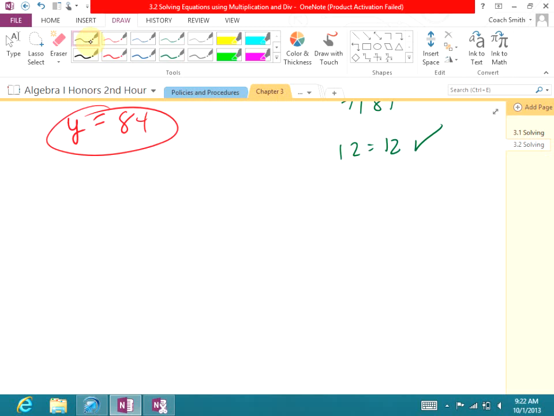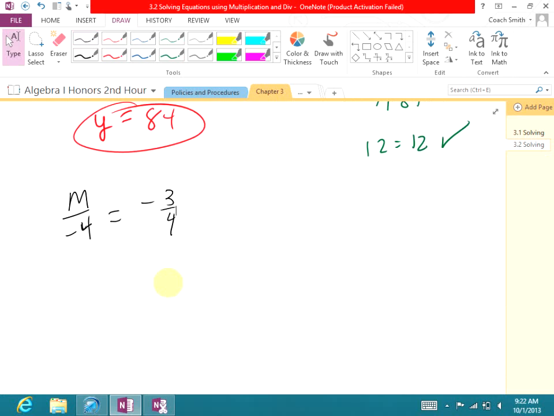Okay? Now, let's try that down. M over negative 4 equals negative 3/4. Okay?